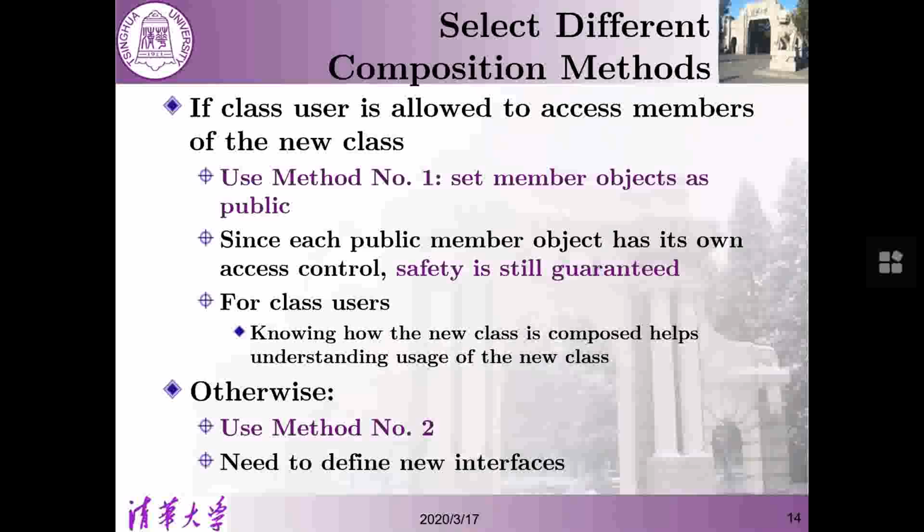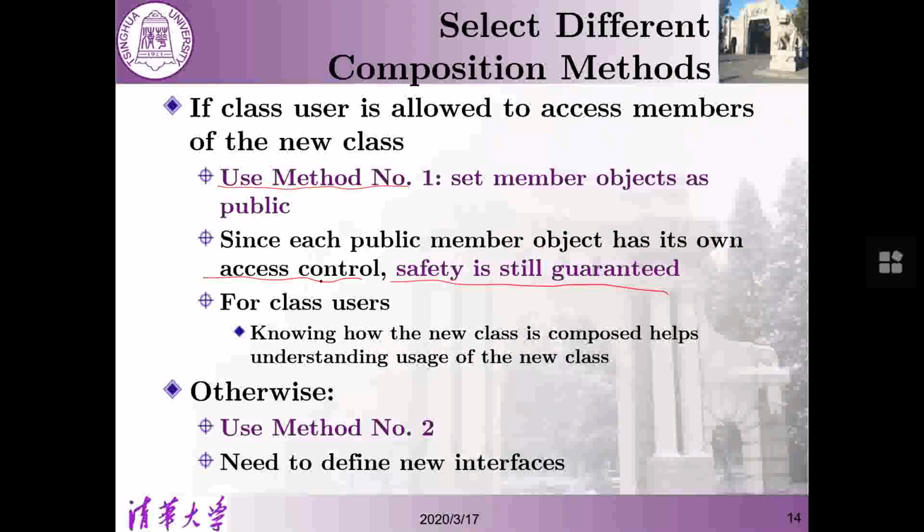To select between different composition methods, there are some rules. For example, if the class user is allowed to access the members of the new class, then we should use public composition, because in this way we can directly access the members. Since the public member objects have their own access control, safety is still guaranteed to some extent.